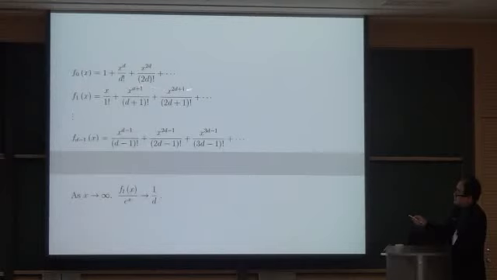Okay, f0(x) is like this, f1(x), and so on. When x goes to infinity, all these functions fl(x) over e to the x go to 1 over d. So when I first discovered this, okay, should I call it a discovery? But anyway, I told this to some of my mathematician colleagues, and they said, really? And it's really like that.